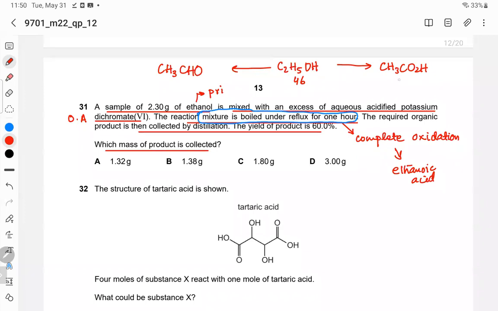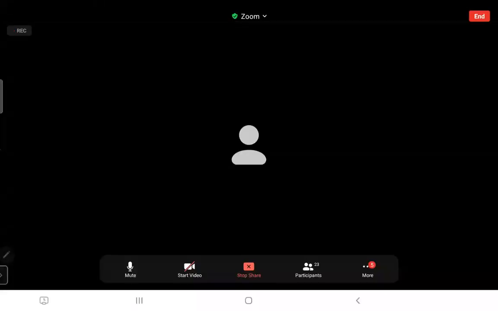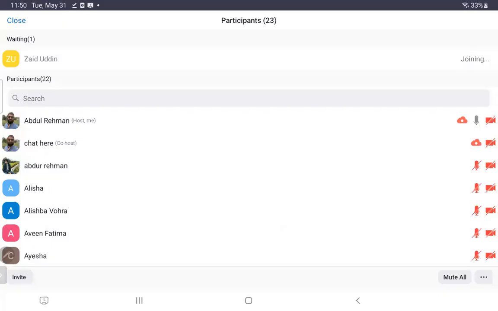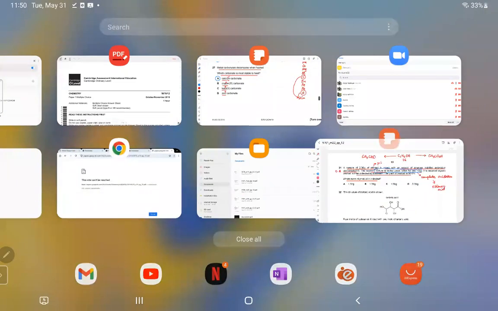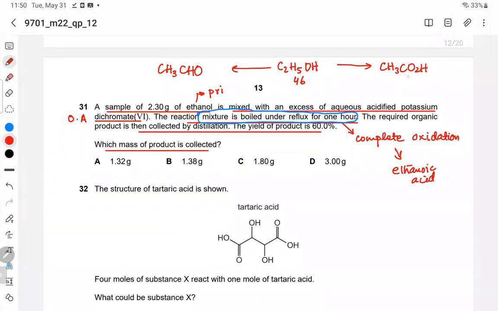Two carbons make it 24, then two oxygens, 32. So 24 and 32 is 56, 56 plus 4 hydrogens makes it 60 for the carboxylic acid.